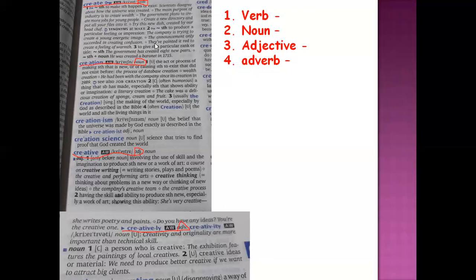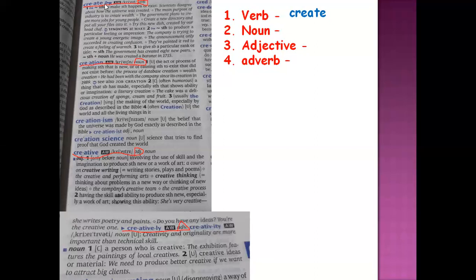Now we are going to find out verbs, nouns, adjectives, and adverbs. Here I have highlighted them to help you. Yes, what is the verb we can find on this page? That is create. Look at this one, create. Here they have given the word class.